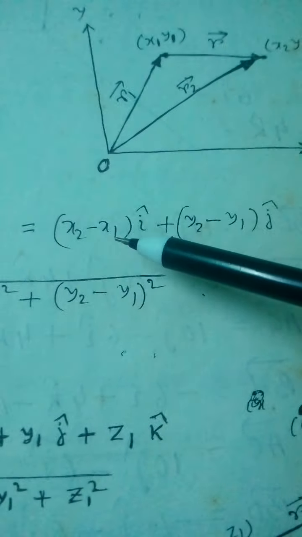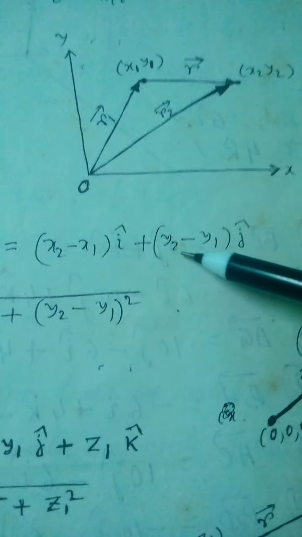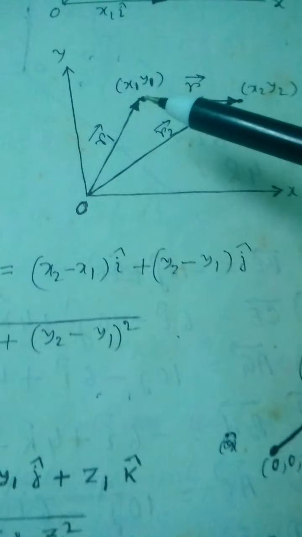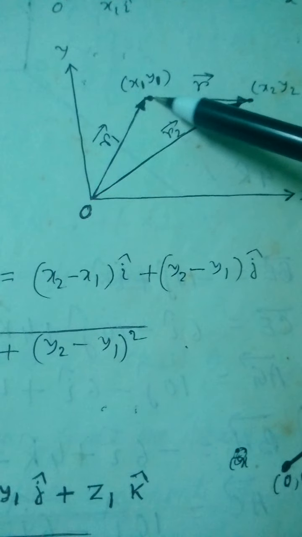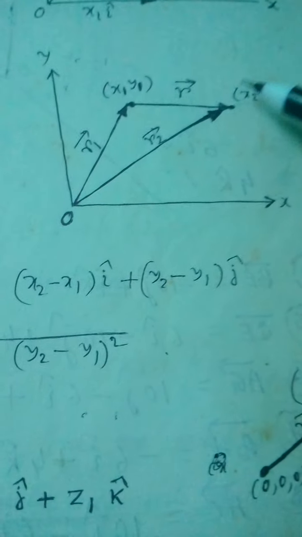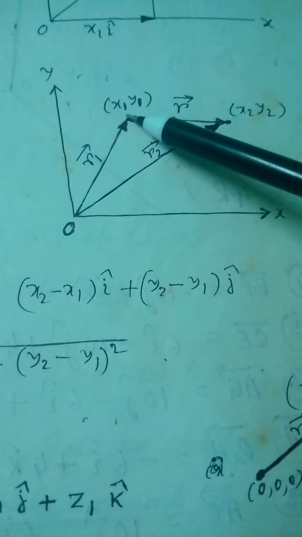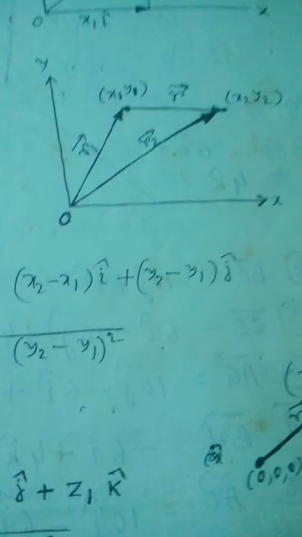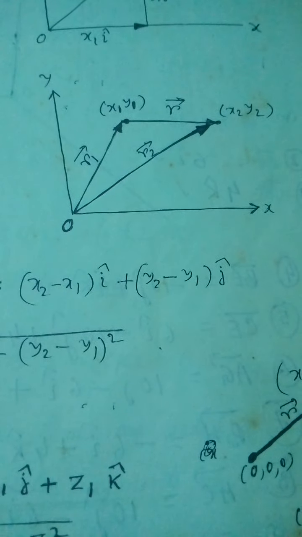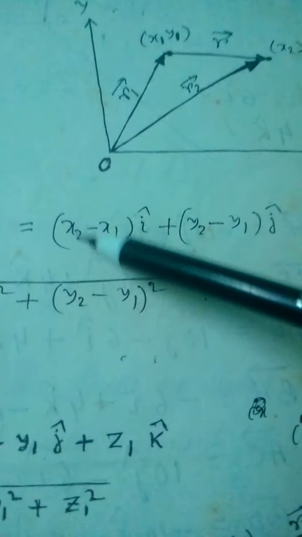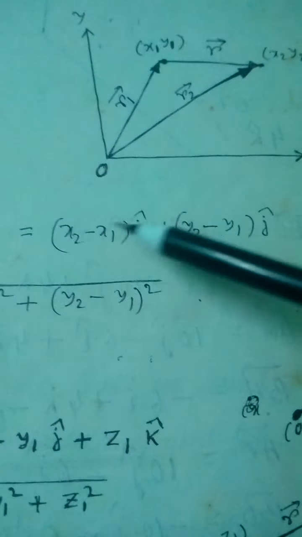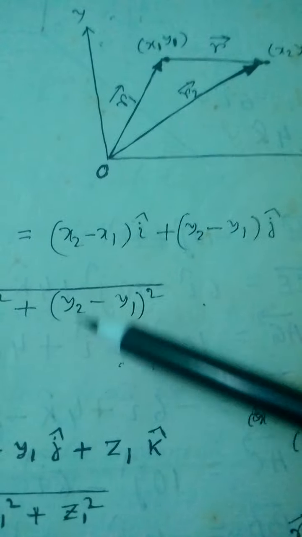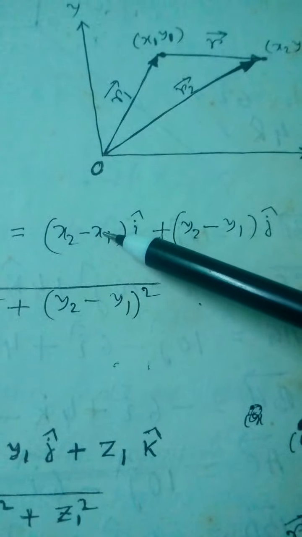Now if you do it, (x2 minus x1)i plus (y2 minus y1)j, okay, in 2 dimensions. Okay, so you please note that the arrowhead is this side. So this point, (x2 minus x1) into i and plus (y2 minus y1) into j, that you have to do. Where the arrowhead is here, you start with this, from arrowhead to x2 and y2. Okay, so that's why x2 and y2 will come first, then minus x1 and minus y1.